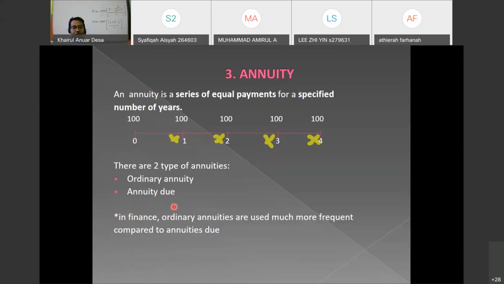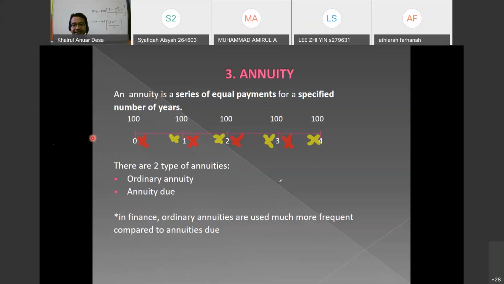Now, annuity due. Annuity due, you can see here, happens at the beginning of the month or at the beginning of the period here. So, can you hear?